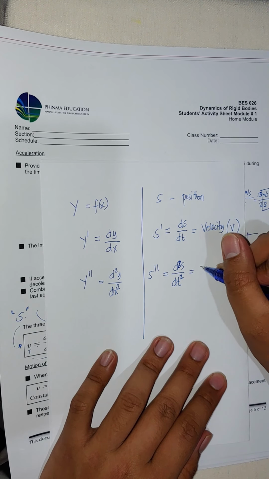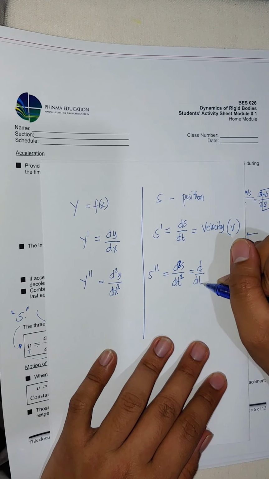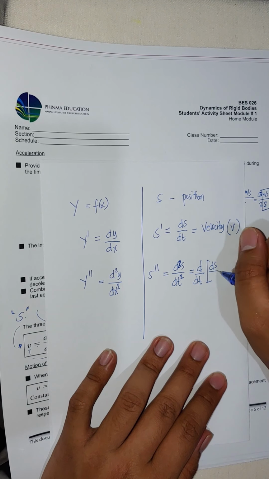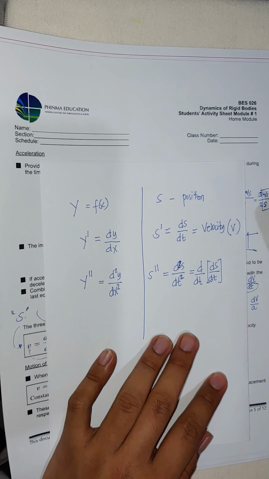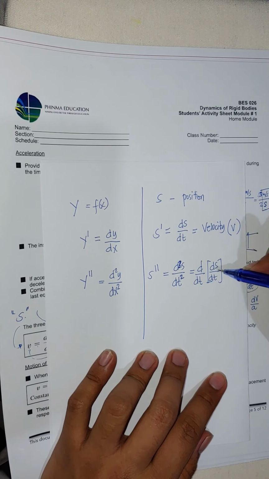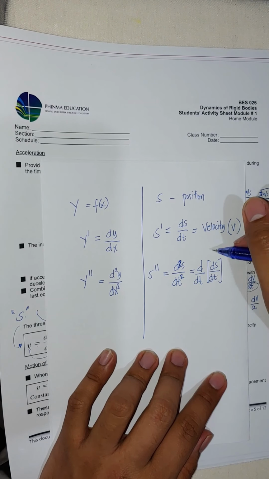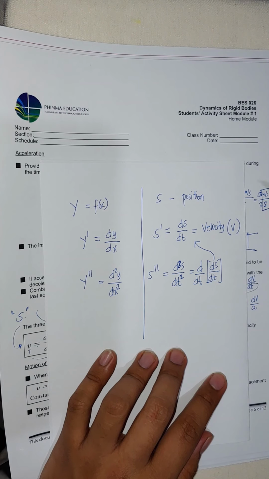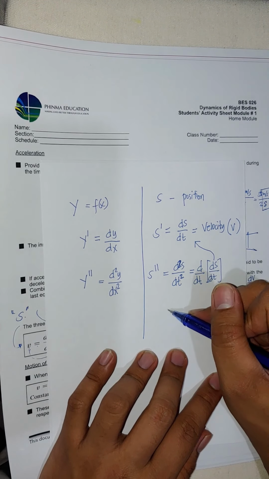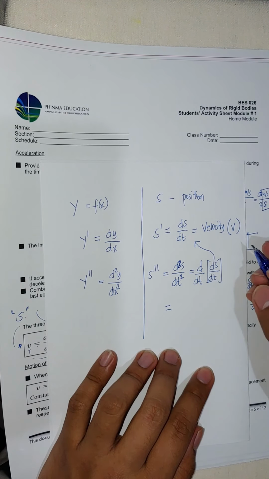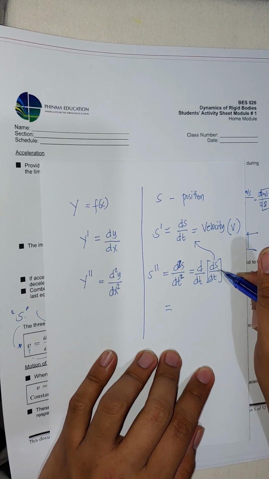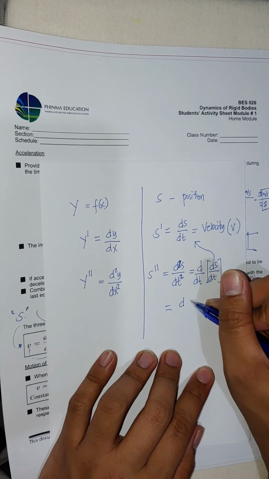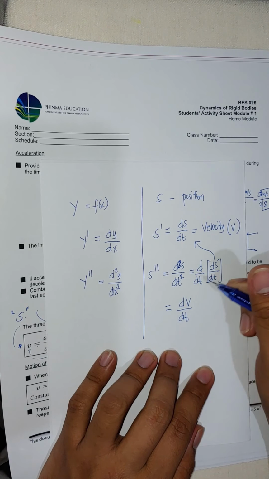Another way of writing it looks like this: d over dt times ds over dt. Now, if you look at this part here, it is ds over dt. So the second derivative of position, we can write in formula. Since v is equal to ds over dt, we can write it as dv over dt.